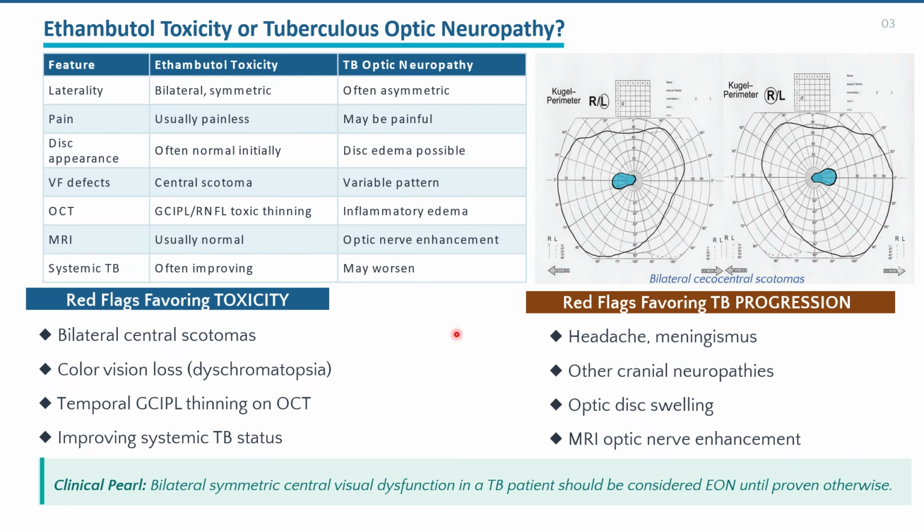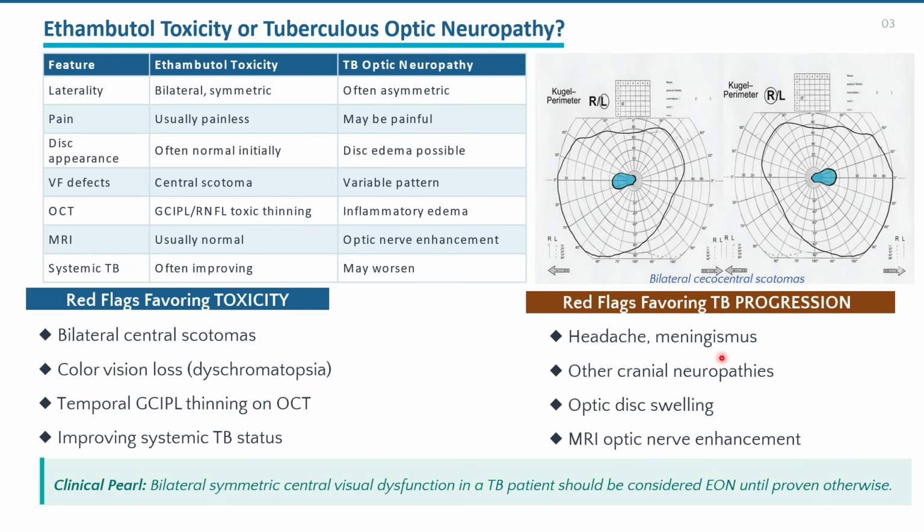There are certain red flags suggesting toxicity. First of all, in toxicity you will find bilateral changes in the patient's symptoms, as well as in the documented visual field changes and OCT changes. You will find bilateral changes, and at the same time you will find improvement in the systemic symptoms of the patient. However, in the presence of progression of the tuberculosis itself, where the patient develops optic neuropathy due to tuberculosis, first of all there is pain and headache, known as meningism.